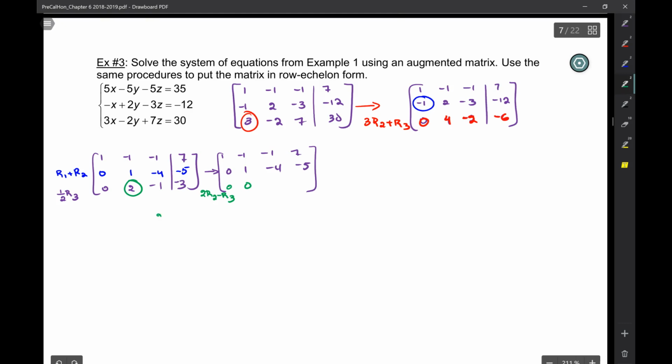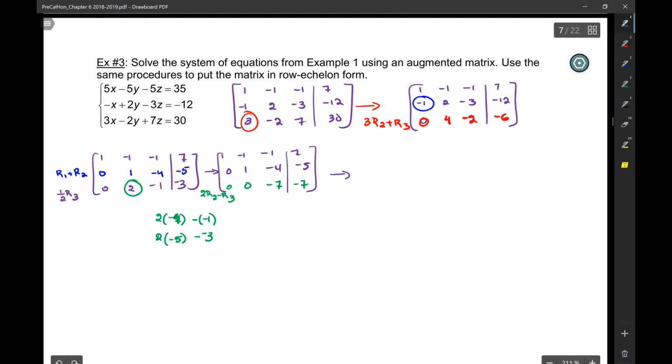Okay, here. 2R2 minus R3. Right? How much? Negative 7.